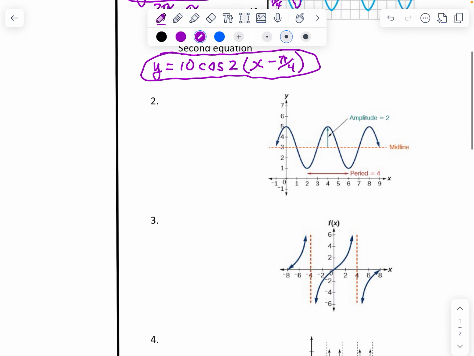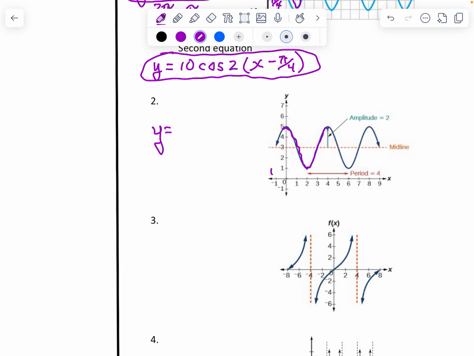The next one looks like it's going to be a cosine because it starts at the top of the amplitude. So for one period here, they start it down here when they say the period's equal to 4, but if I were to start it here and finish it there, that would give me also a period of 4. So I can write this out as y equals, now we've translated it up 3 units.